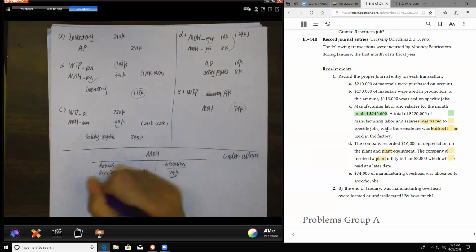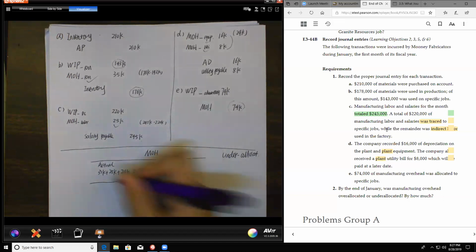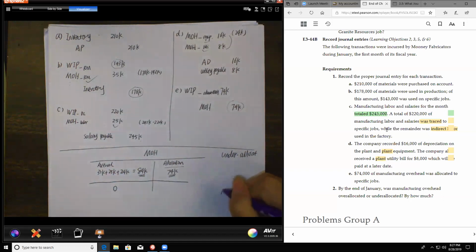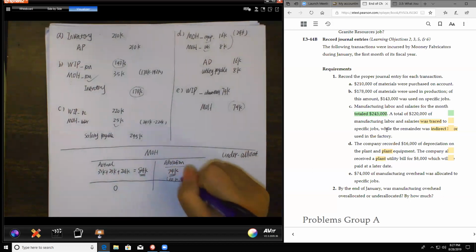And then we said the actual is a temporary account. We have to zero this at the end of your accounting period. So in order to do this, we have to credit our manufacturing overhead. We have to credit 10,000 extra here.